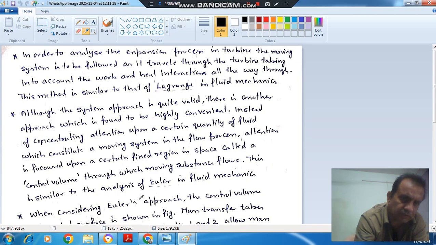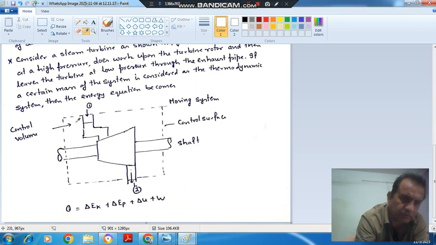This is similar to the analysis of Euler in fluid mechanics. So now we will concentrate on this particular volume. Some mass will enter here, some mass will leave here, and in between it will run the turbine. So some mass is entering the control volume and mass is leaving the control volume. If these two masses are equal, then it is a steady flow process. So this is the control volume, we are not considering mass. That is Euler's approach.